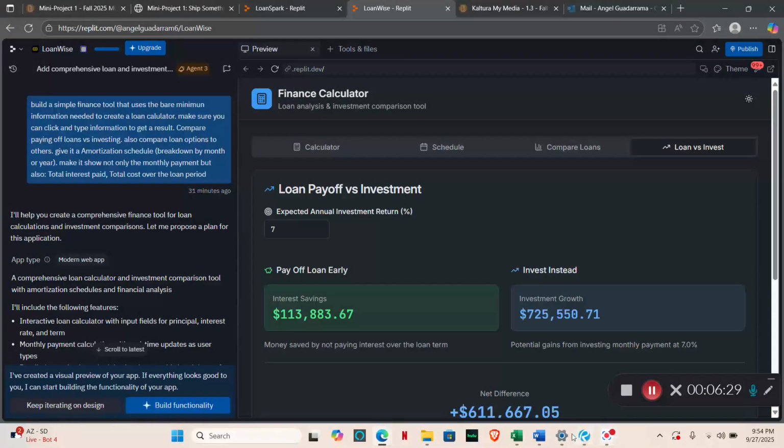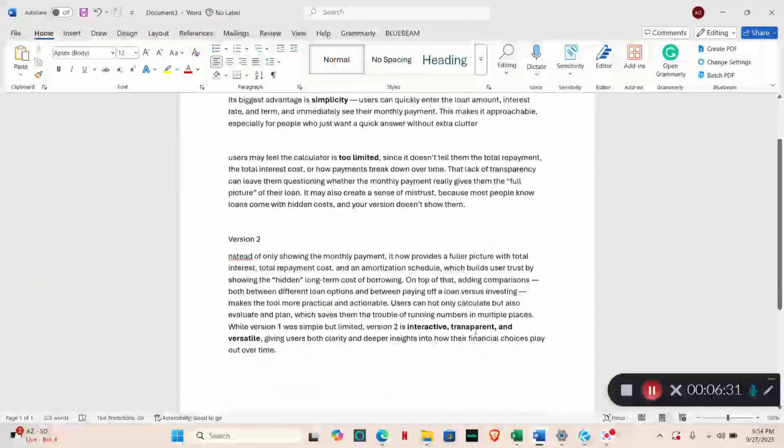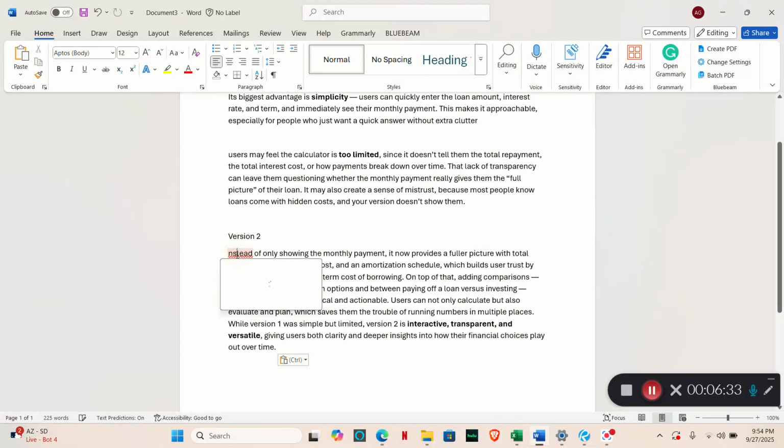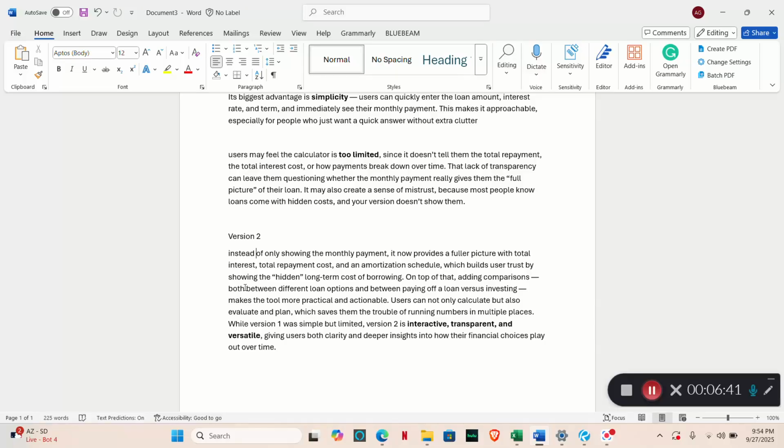So in my version two, what improved? Instead of only showing the monthly payment, it now provides a fuller picture of the total interest, total repayment cost, and an amortization schedule, which builds user trust by showing that quote-unquote hidden long-term cost of borrowing. On top of that, adding comparisons both between different loan options and between paying off a loan versus investing makes the tool more practical and actionable.